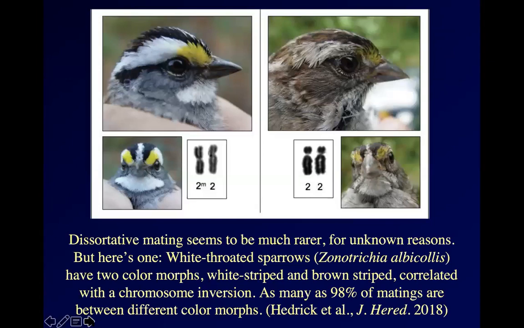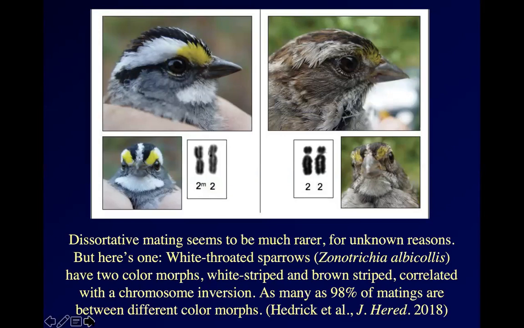Here's some dissortative mating. White-throated sparrows come in two types, one with white stripes and one with brown stripes. Pretty big difference that you can see. Interestingly, it's correlated with a chromosome inversion.